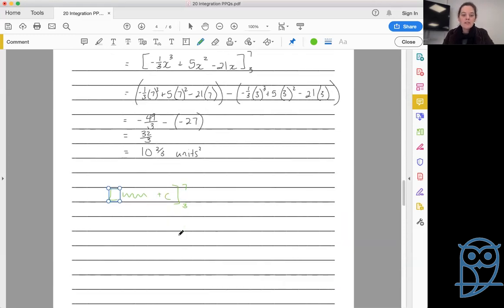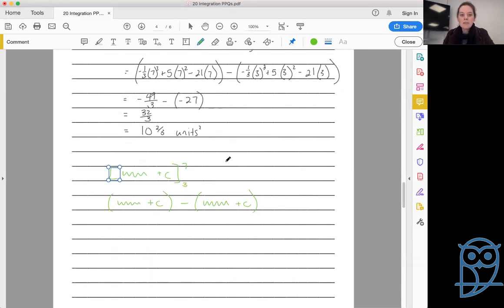Okay? Then we substitute in our limits. Blah, blah, blah with a 7 plus C minus blah, blah, blah with a 3 plus C. So then we get the magic, because now we would have minus 49 over 3 plus C minus 27 plus C. Do you agree?